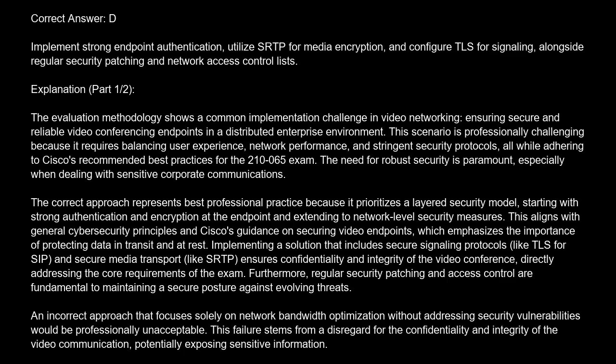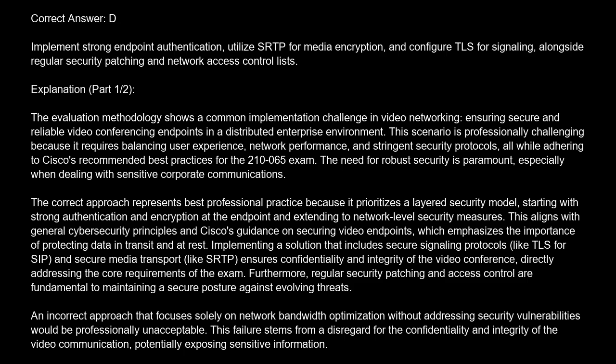The correct answer is D. Implement strong endpoint authentication, utilize SRTP for media encryption, and configure TLS for signaling, alongside regular security patching and network access control lists. Explanation. The evaluation methodology shows a common implementation challenge in video networking: ensuring secure and reliable video conferencing endpoints in a distributed enterprise environment.